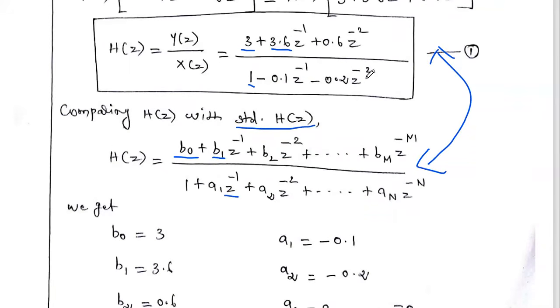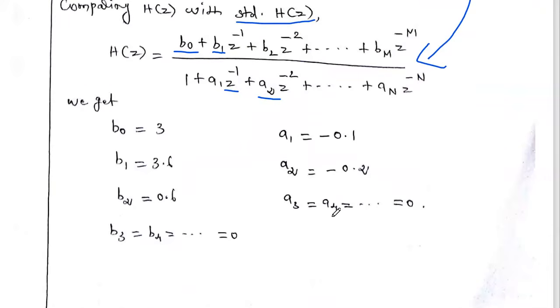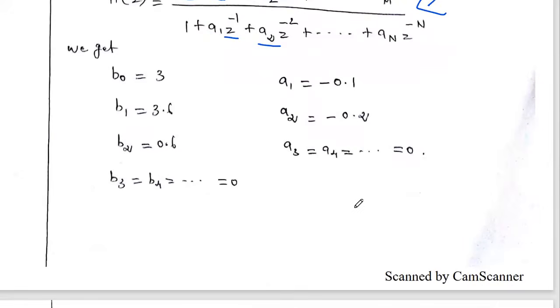Similarly, the Z power minus 2 coefficient is minus 0.2, so A2 is minus 0.2. After that there is no Z power minus 3 term, minus 4 term, etc., so the A3, A4 values are all 0. Okay, so these are all our filter coefficients: B0, B1, B2, A1, A2.